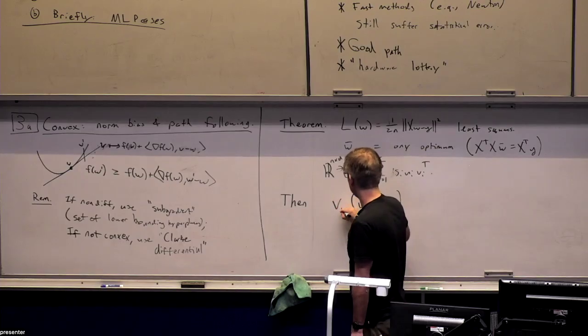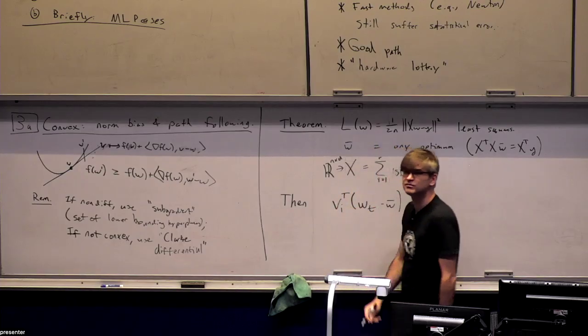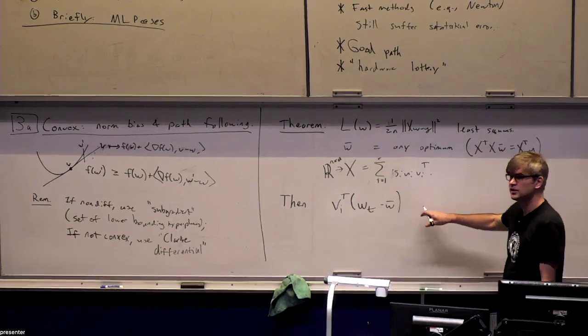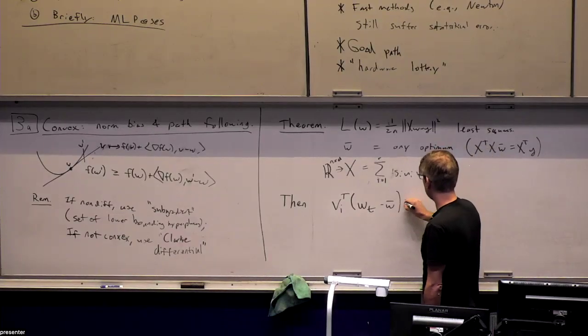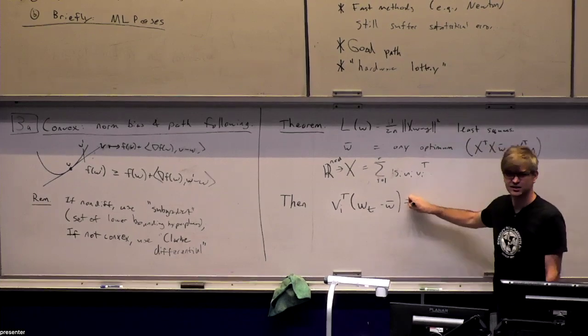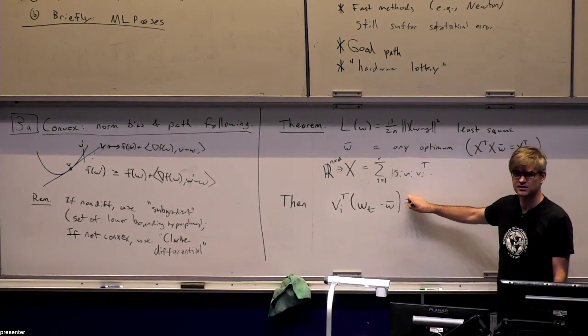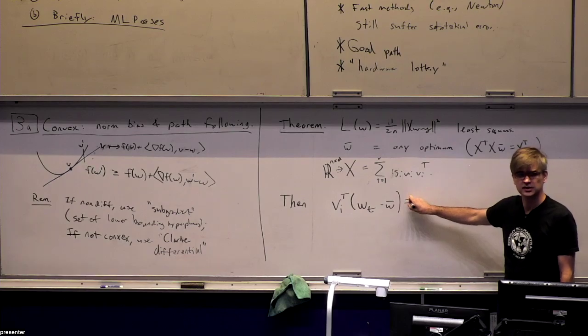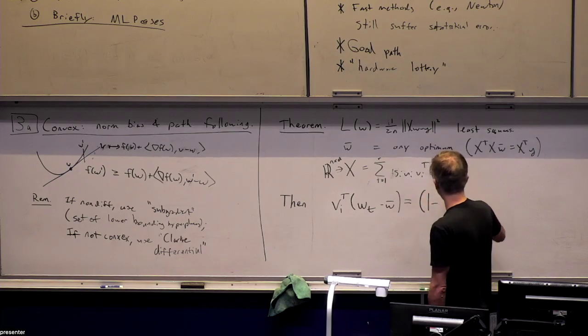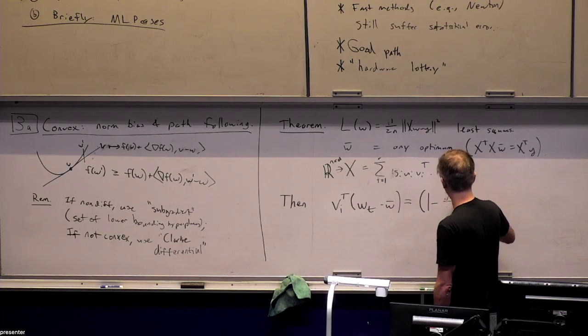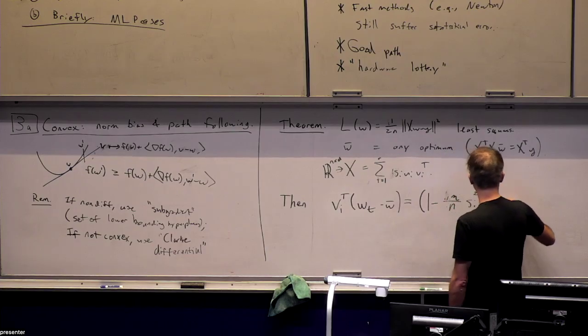I'm going to look at it in the direction of the right singular vectors. I'm going to characterize what it does in all of the right singular vectors, and I'm going to write it down with equality. So I'm going to get an exact characterization of what gradient descent and flow are doing. And what you get is very clean. You get exactly this.